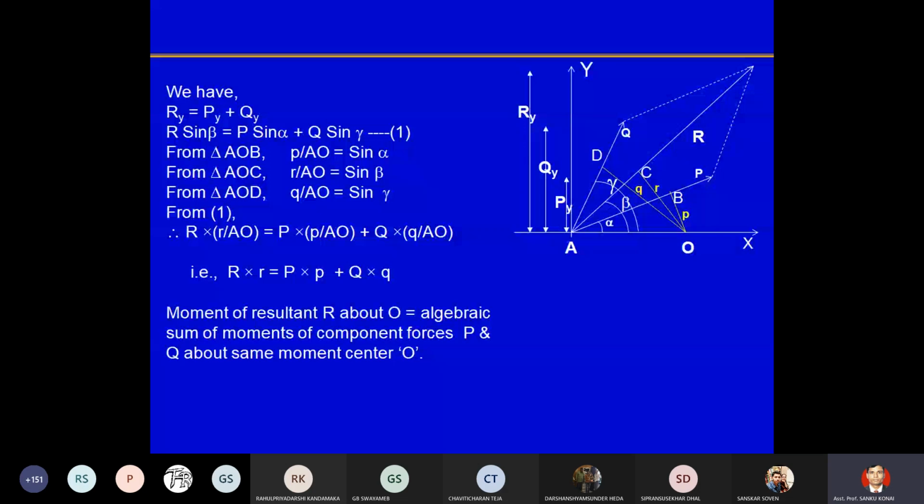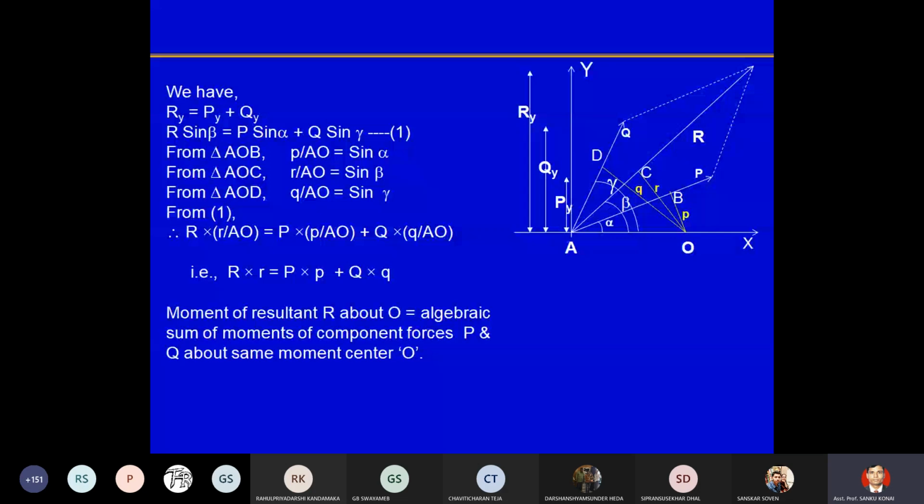Take the perpendicular distance from any point of the horizontal axis for all the three forces P, Q and R, and you will know the angles alpha, beta and gamma. Take the vertical component and equate it with the vertical component of the others, and you can easily come to this conclusion. So that is the proof of this.